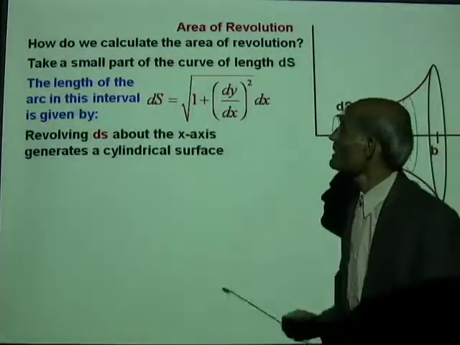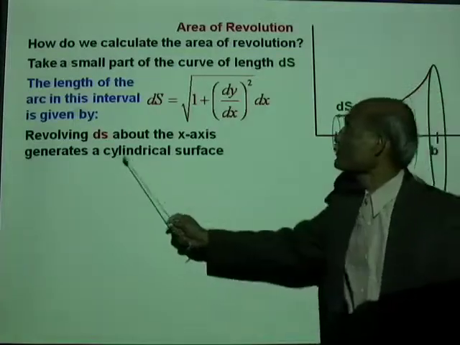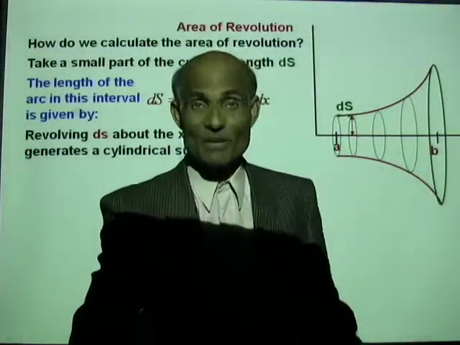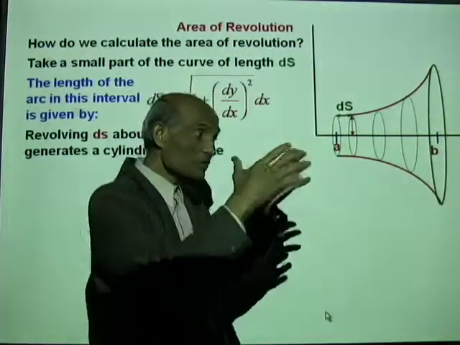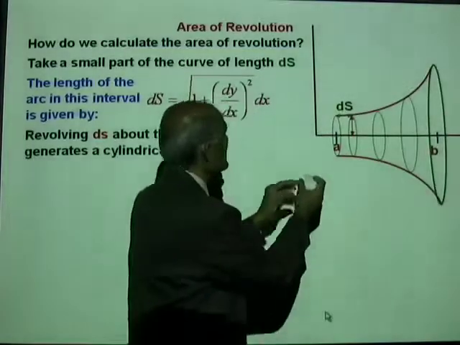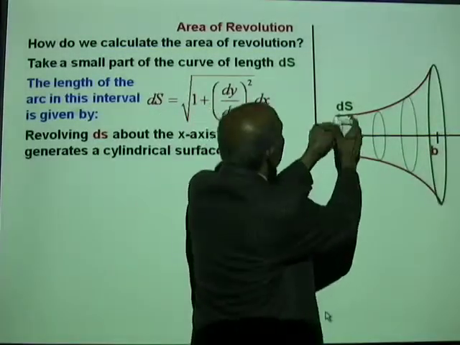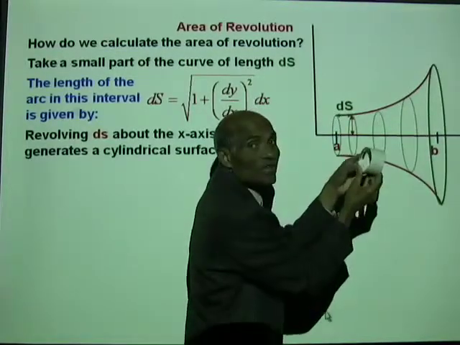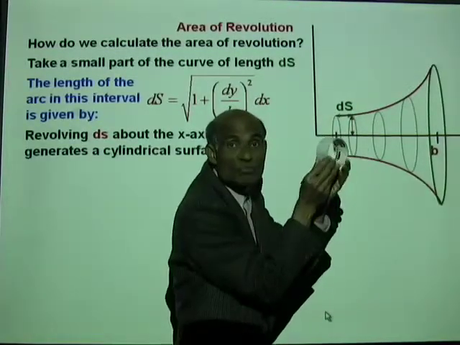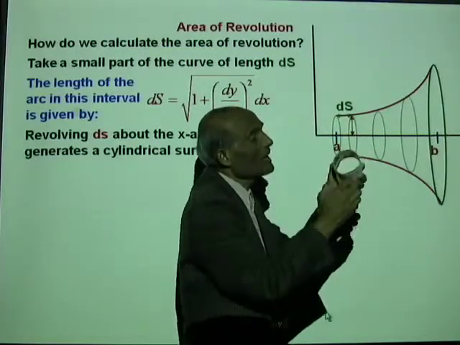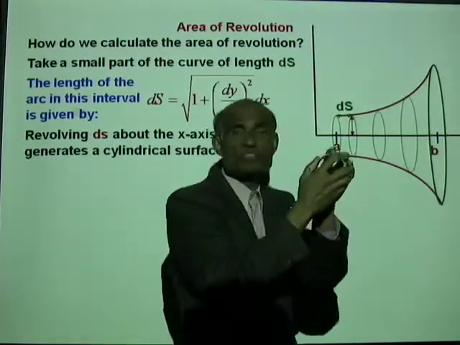So revolving ds around the x-axis, you generate a cylindrical surface, because the cylindrical surface inside is actually hollow. So this is what you generate. You see, if that is ds, and you revolve this about the x-axis, what you generate will be a surface like this. Now, what is the area of this cylinder?